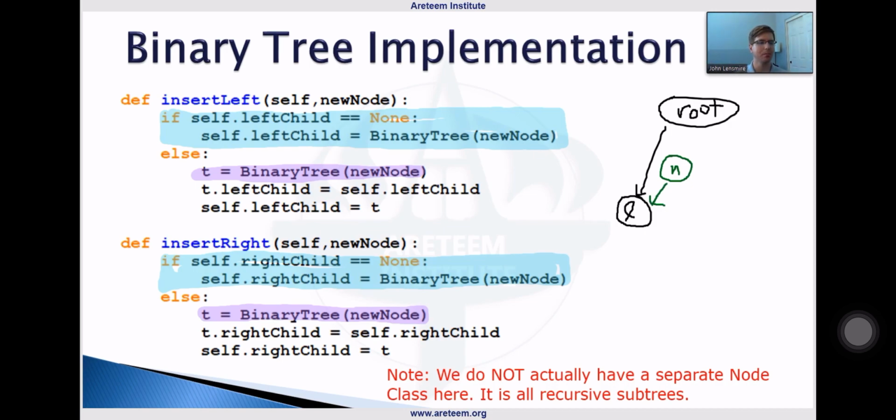And then we set the left child of the root, our self, the original binary tree, to our new value. So now, after we have the link to the left side, we are shifting this over this way, and the new left child of the root is going to be pointing to the new node in this case.